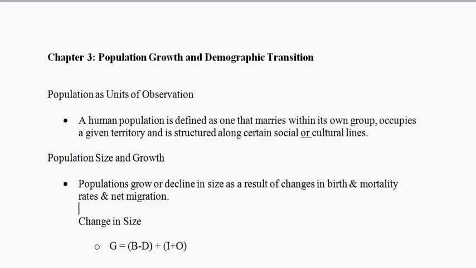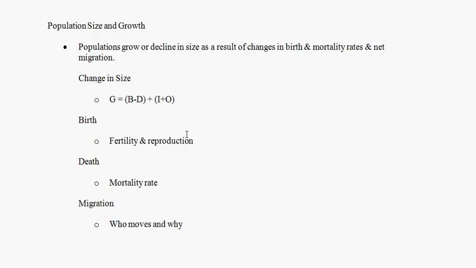Populations grow or decline in size as a result of G, which is growth, equals births minus deaths plus in and out migration. In a simpler way of saying it, populations grow or decline in size as a result of changes in birth rates, mortality, and net migration.